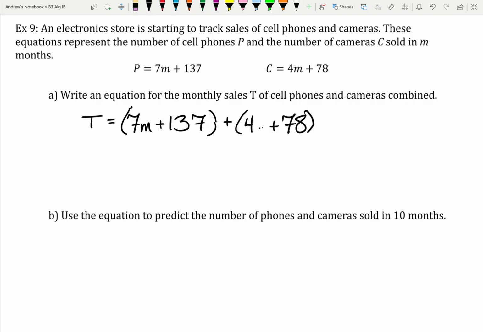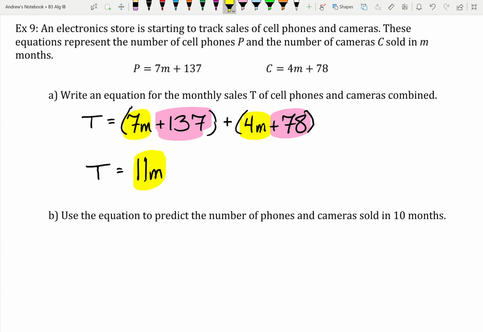Let me see if I can tidy this up a little bit for you guys. And the tablet's kind of getting mad the more I do this. Right. So same kind of deal. I'm grabbing the like terms. I got these M's that can smush together. I've got these regular old numbers that we can smush together. So then we're just going to do that. T is equal to, the stuff in the yellow is going to smush together to give us 11 M's.